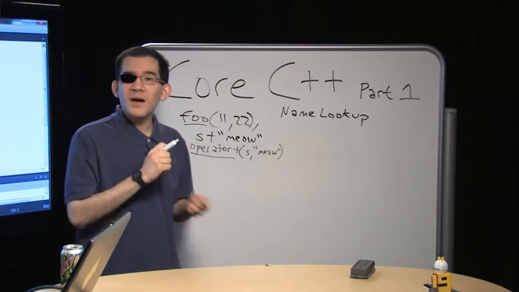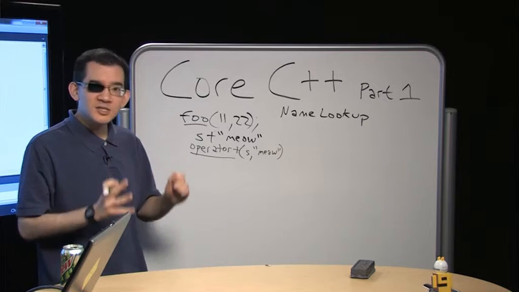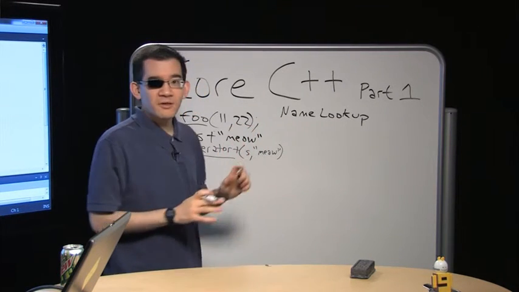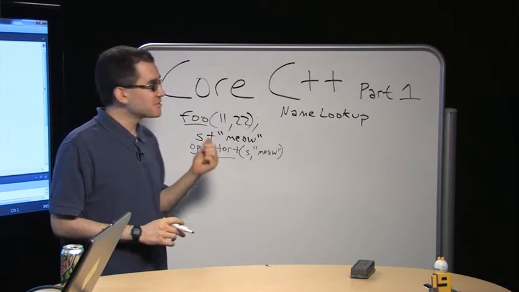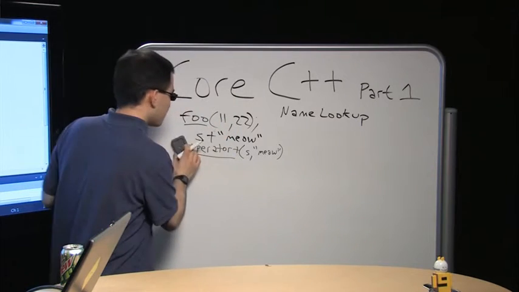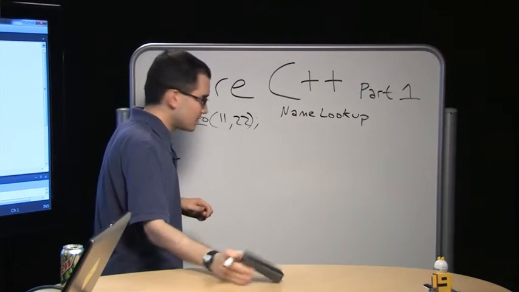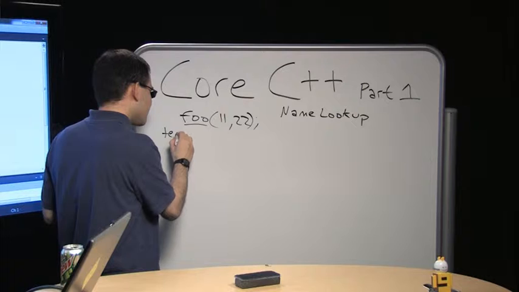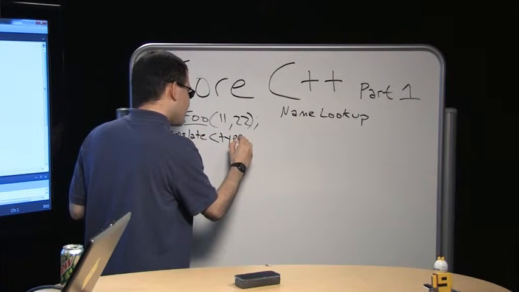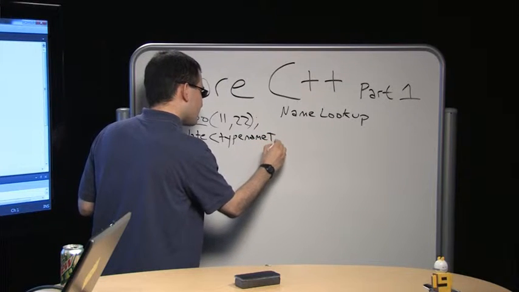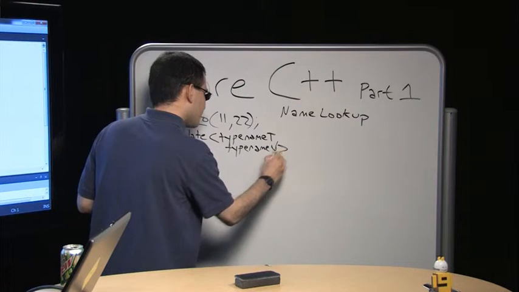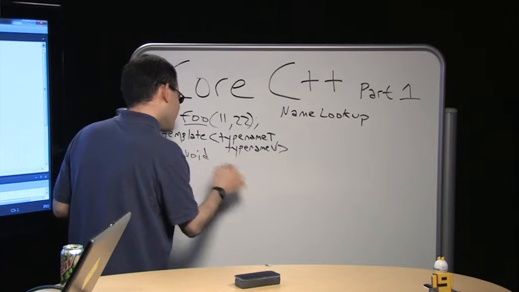So once it finds all the possible names that you could potentially want, then all of these names get thrown into the overload set. But wait, what if one of those functions is a template? Maybe I have something like, if I say template on typename T, typename U. This is totally unrealistic.